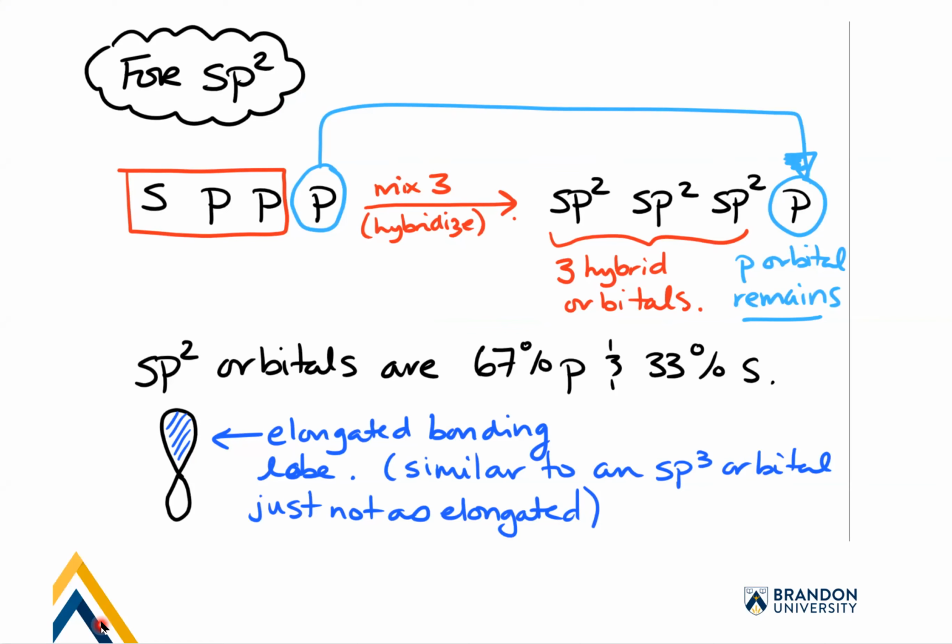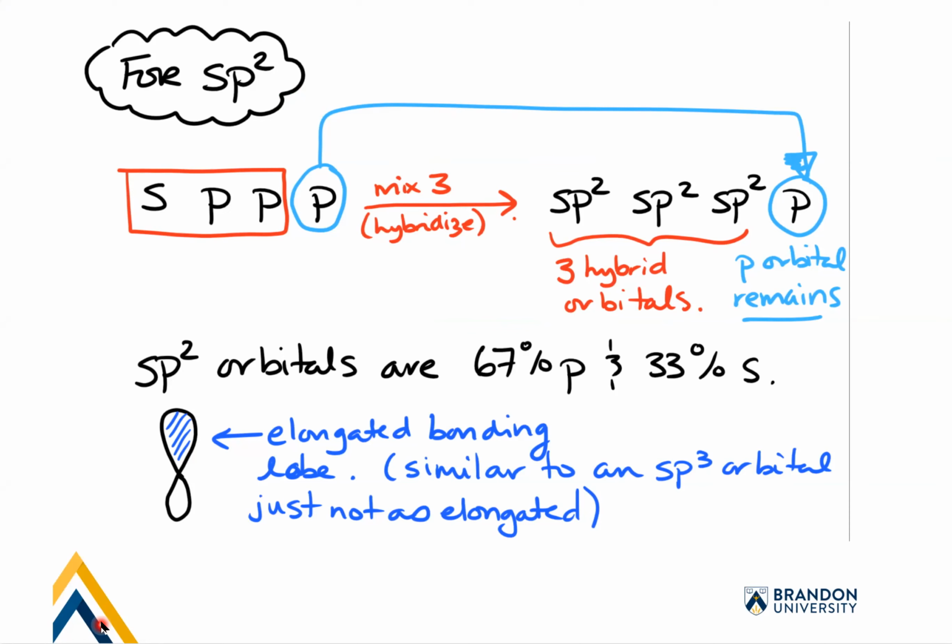And so for those types of systems, you need some p orbitals to make these double bonds or triple bonds. So anytime you've got a double bond, that means you need a p orbital, which means that it can't be sp3 hybridized because you need a p orbital, not a hybrid orbital.